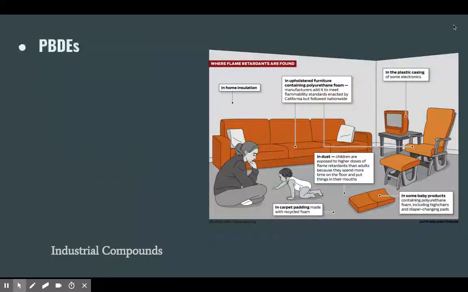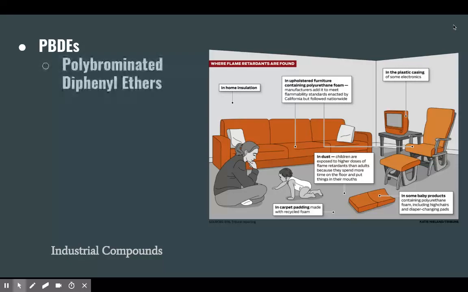Lastly, the other industrial compounds we're seeing now that we really need to research are called polybrominated diphenyl ethers, PBDEs. That's just a fancy word. These are flame retardant synthetic chemical components that we add to construction materials, furniture, carpet, electrical components, even some clothing.